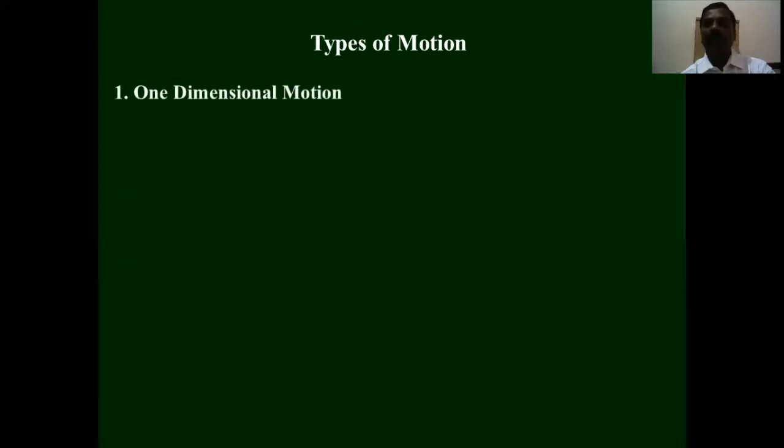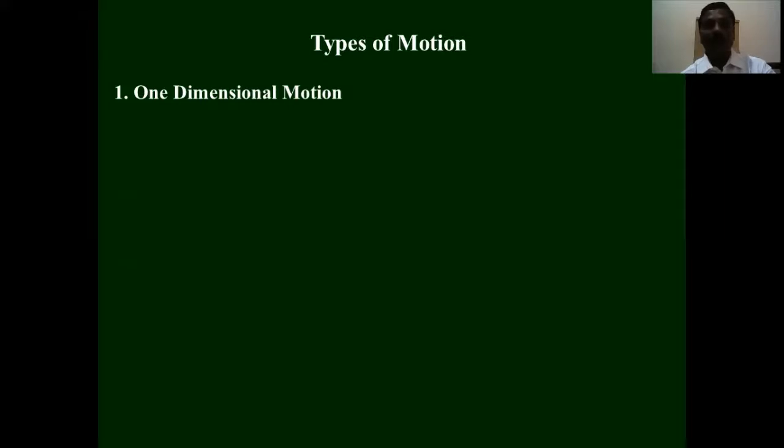Now we are going to take the detailed discussion regarding the types of motion. Already we have seen the definition of the motion. Now first you will find these types of motion. It is considered with the help of one-dimensional, two-dimensional and three-dimensional.